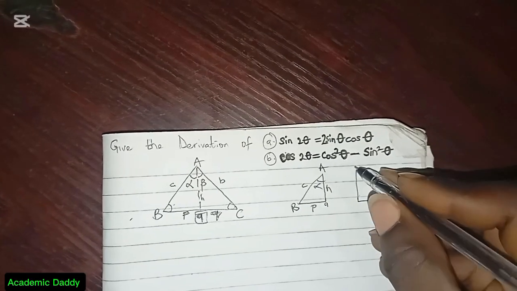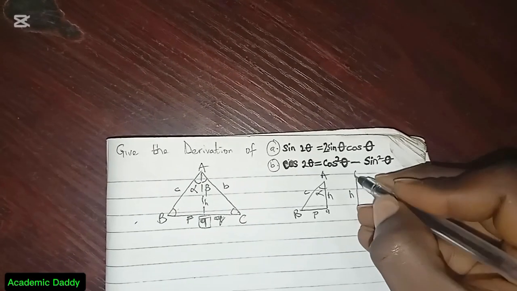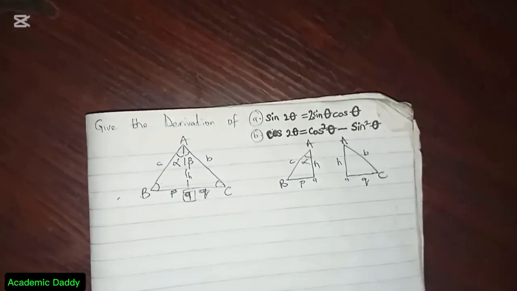You need to know that in a straight line. So I have H, I have B, I have C, I have E. This is my E, this is Q, everything here is Q.